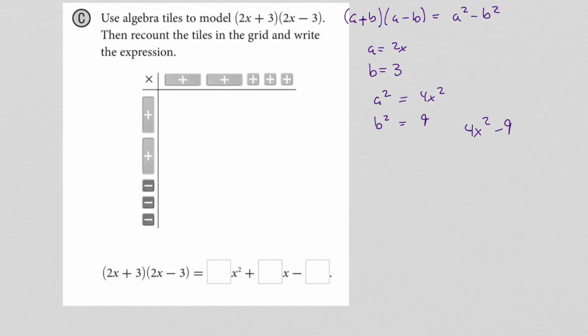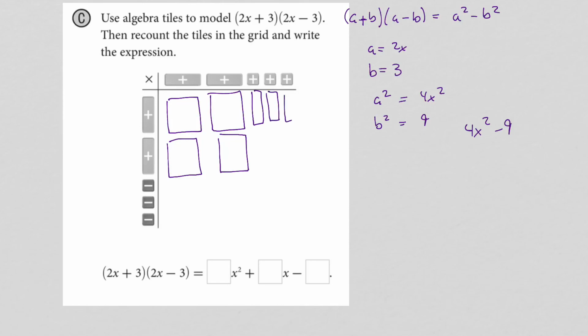So let's see if that's what we get. 4x squared. Certainly looks like it. You're going to get some positives. And then you're going to get some negatives.